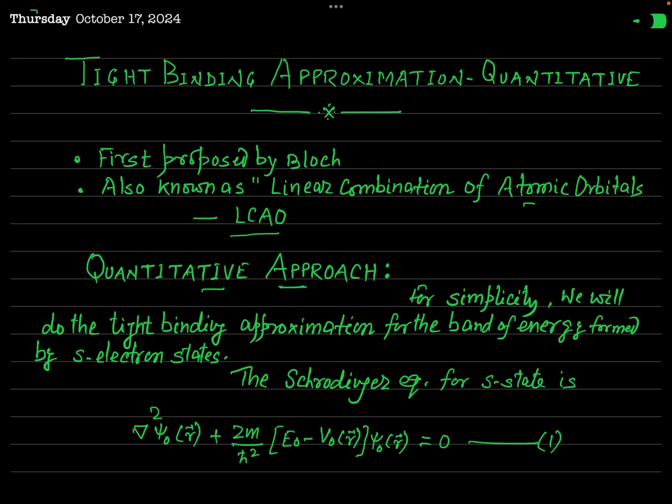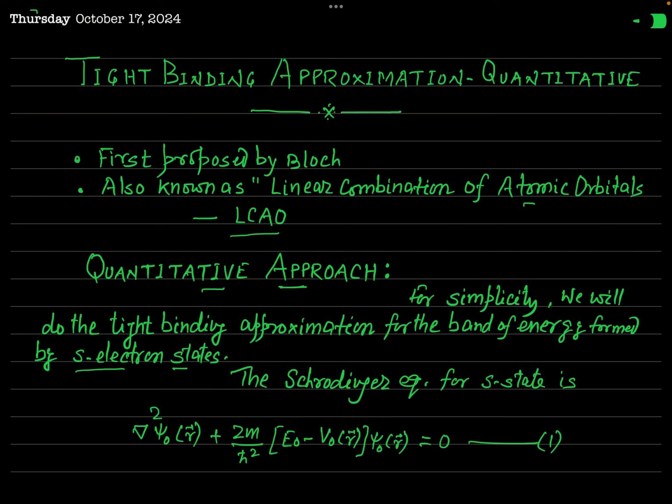So let us try to find the bandwidth and energy calculation and how this band is formed in a quantitative manner. For simplicity, we will do this tight binding approximation for the band of energy formed by s electron states, only s electron states.